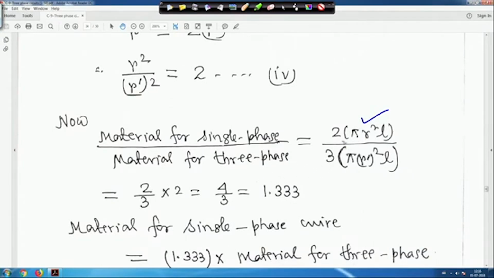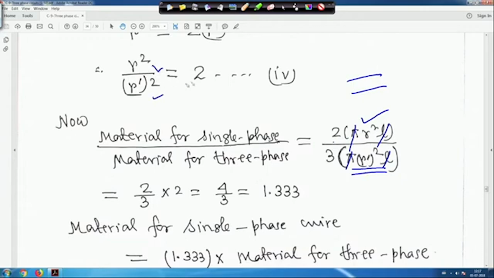The single phase is a 2 wire system, so 2 into pi r square L is the volume, and for the 3 phase case it is a 3 wire system, so 3 into pi r dash square L is the volume. If you simplify, pi will be cancelled, L will be cancelled, it will be 2 by 3 into r square by r dash square.